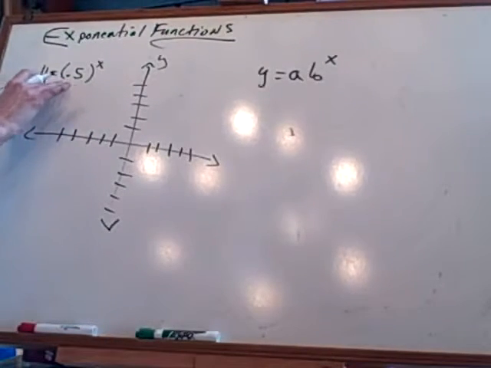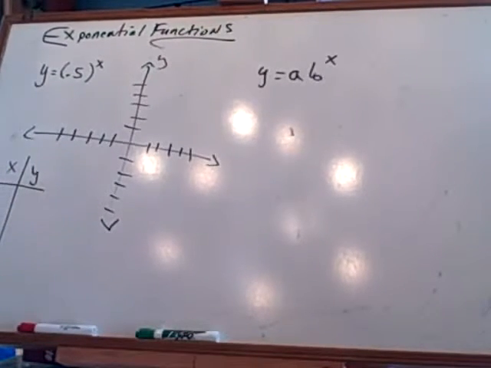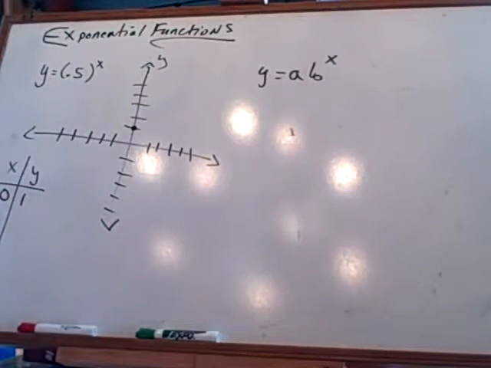Any number really works here; we're just using 0.5 as an example so you can see what it looks like. If I were to plug in 0, what would I get? 1. So 0, 1. Does that look like the other graph? Both went through 0, 1, didn't they? That's about all they have in common.